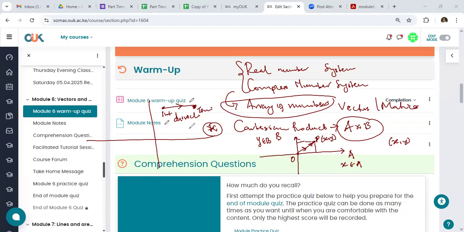Depending on the direction of the vector, it can either be represented by a negative sign or a positive sign. We shall explain when you have the negative and the positive, but ideally it will have a positive sign if the direction is from the initial point to the terminal point.